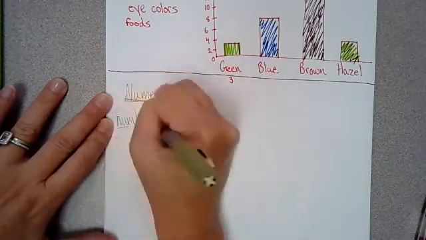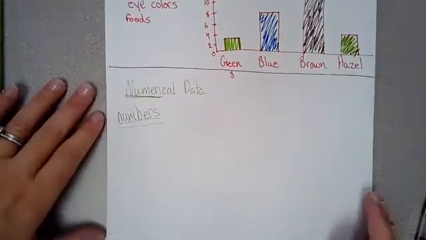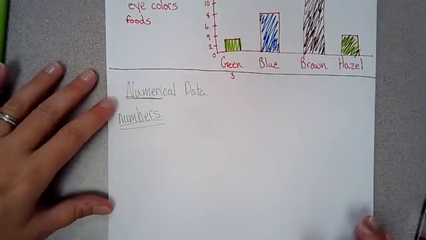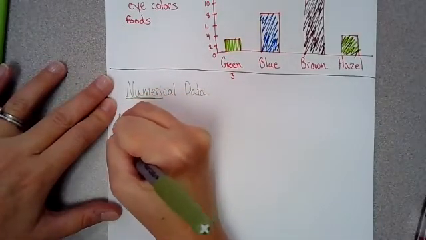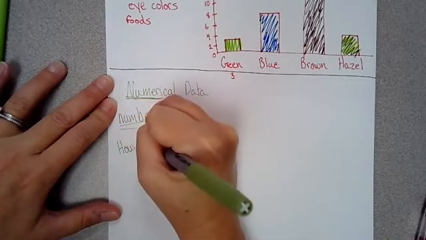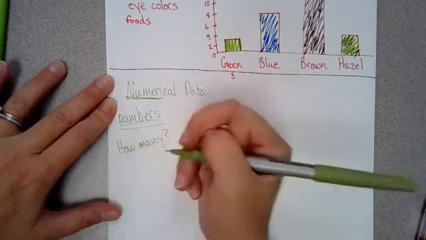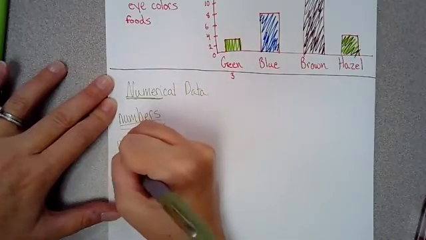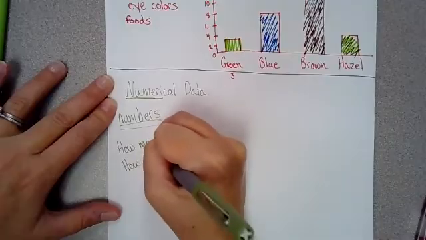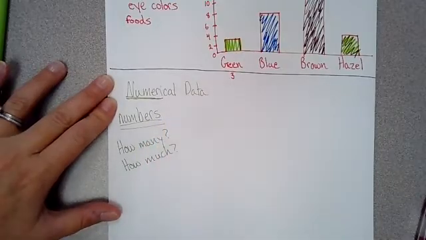So this is numbers. This asks the questions, how many? It'll say how many. Okay, how many? It could be how much, but it's going to give you a number amount.